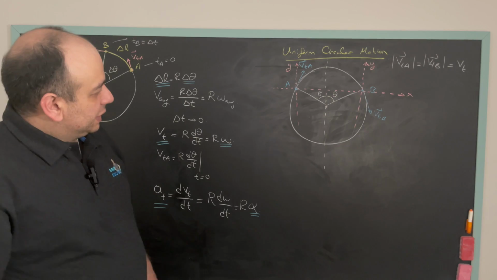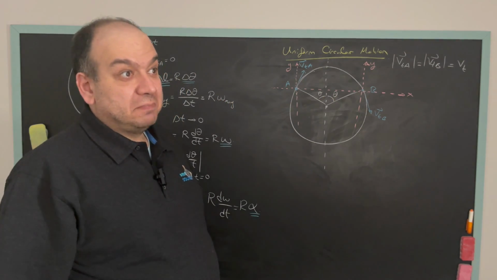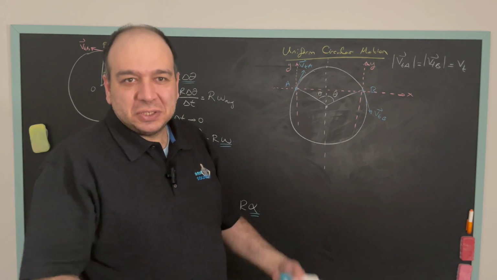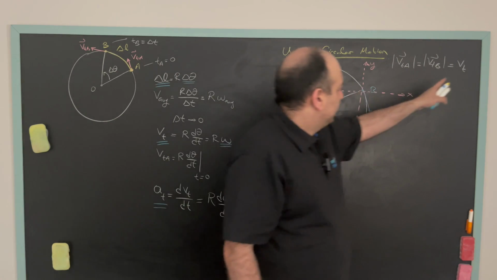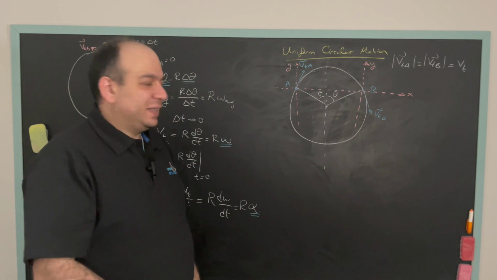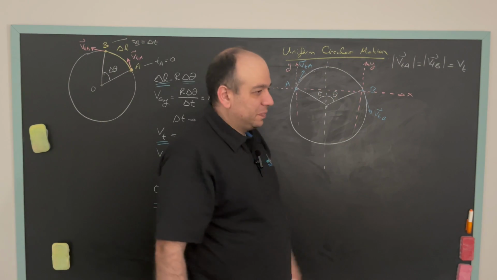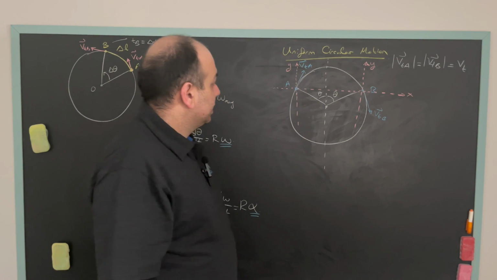Now the question is, do we have acceleration? Yes, velocity is changing, right? The time rate of change of velocity is acceleration. So even if the speed doesn't change, we have to have some acceleration because velocity changes. Now our goal is to find the acceleration in this system.